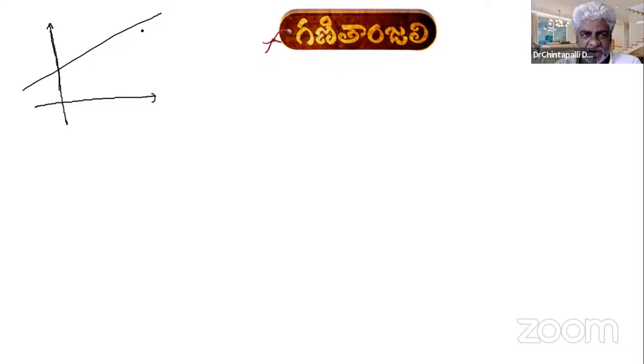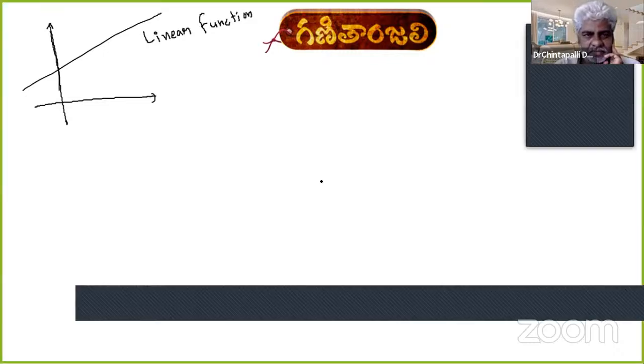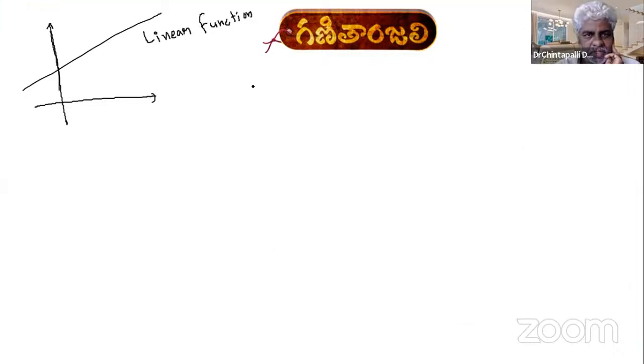This type of function is called a linear function. You know why it has this name? Because it goes in a straight line. That's why it is a linear function. And see, this is also a function.